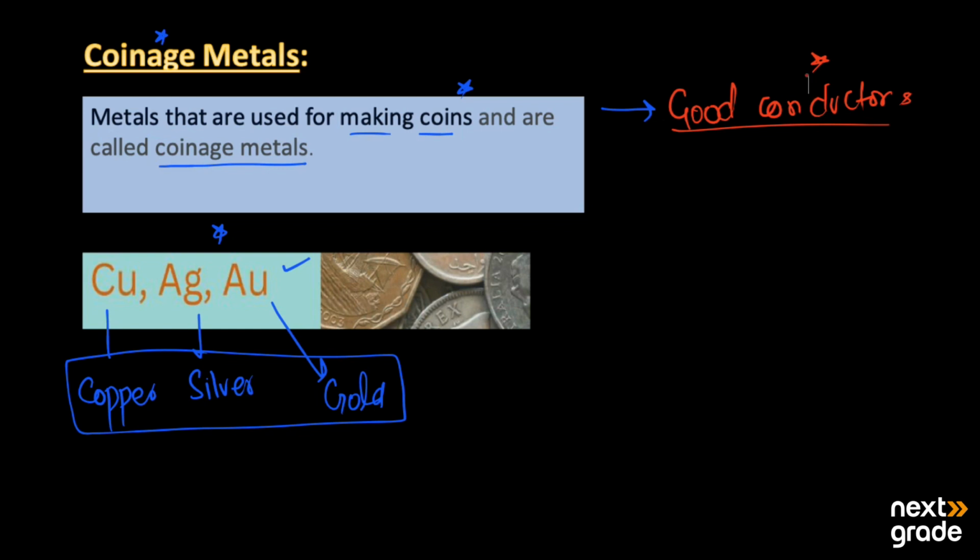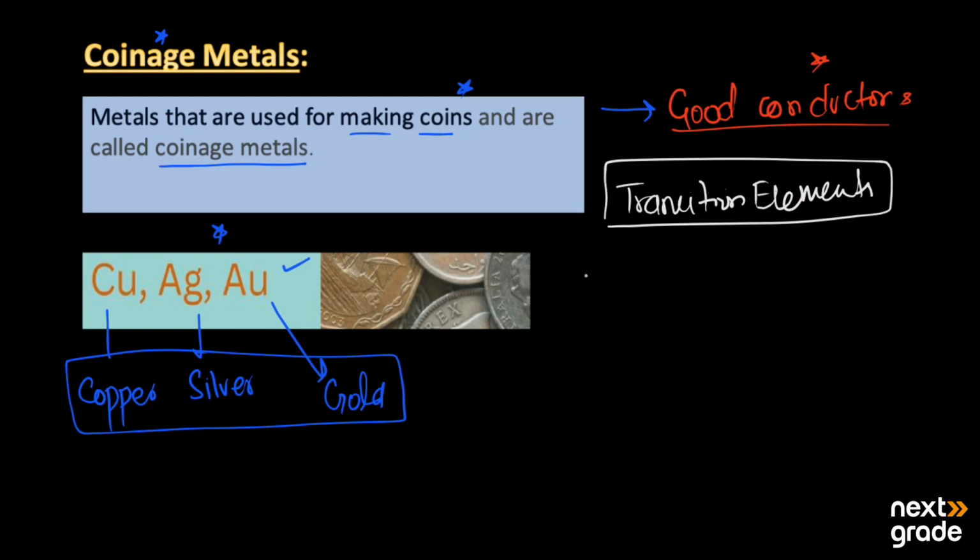On the other hand, when we have the transition elements, the group B elements in the periodic table, we have many elements that are conductors and some that are non-conductors.